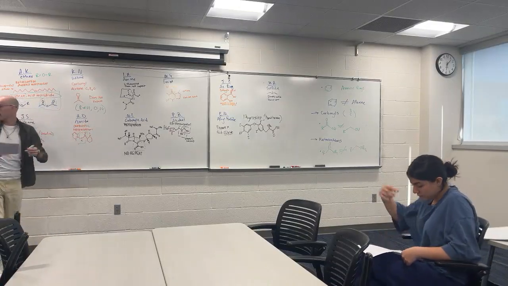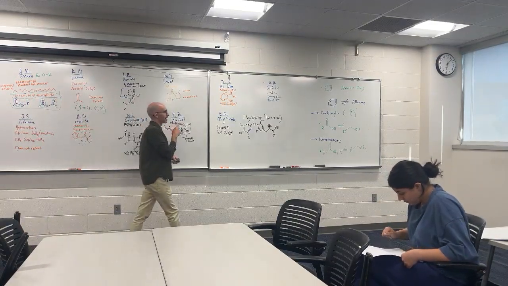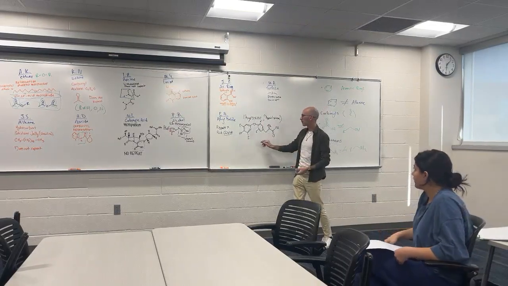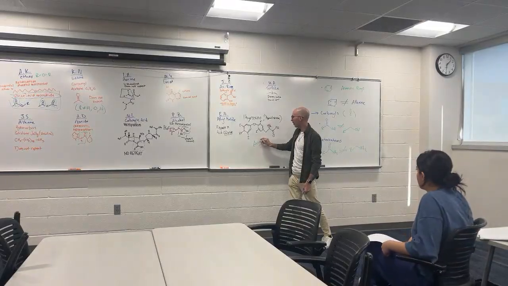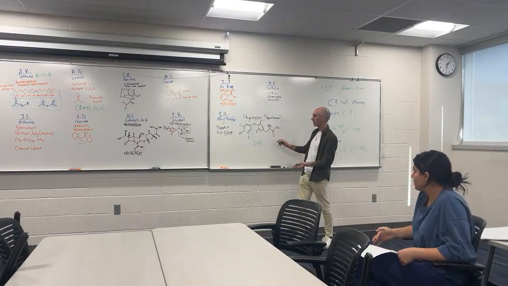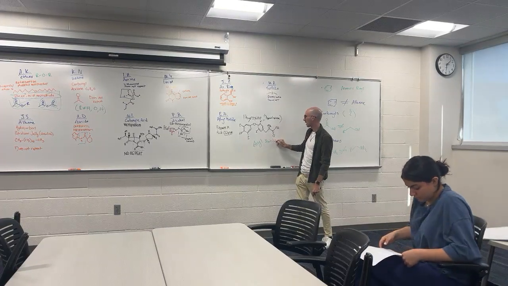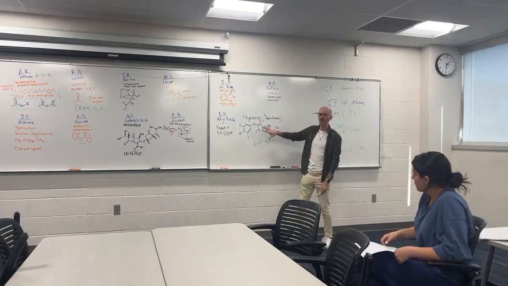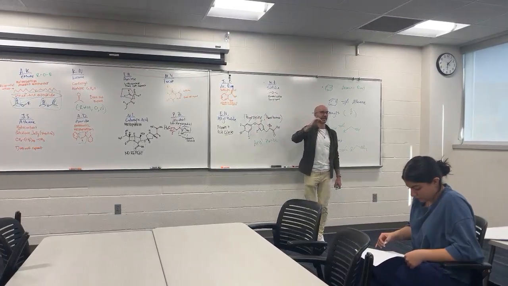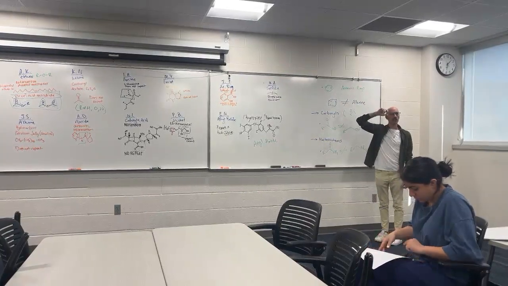In fact, there's something to be said about this actually not being an alkyl halide, but being an aryl halide, because it's not bonded to one of our alkyl groups, alkane, alkene, alkyne. It's bonded to one of the aromatic groups.